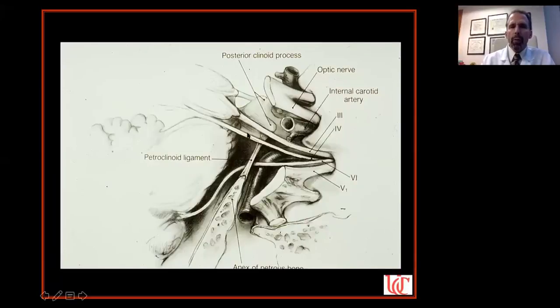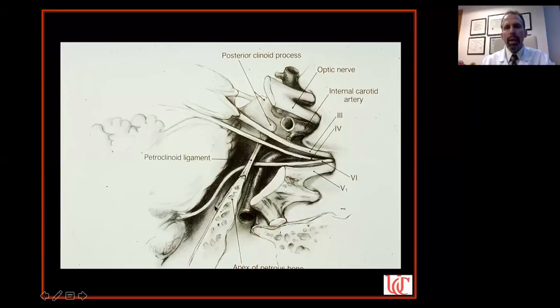Unlike the third and fourth nerve, it exits the brainstem down here in the pontomedullary junction. It runs up this bone, the clivus, underneath the petroclinoid ligament, also known as Gruber's ligament, through a canal, for extra credit, called Dorello's canal, into the cavernous sinus. In this area, you can imagine the other side of the brainstem.